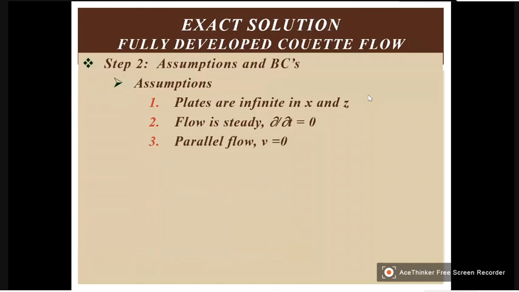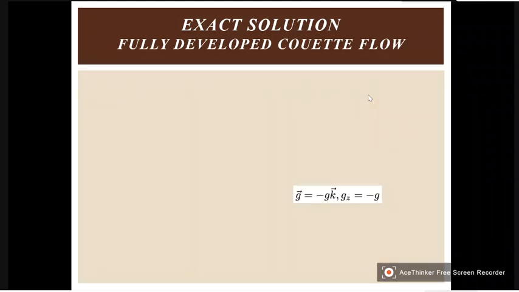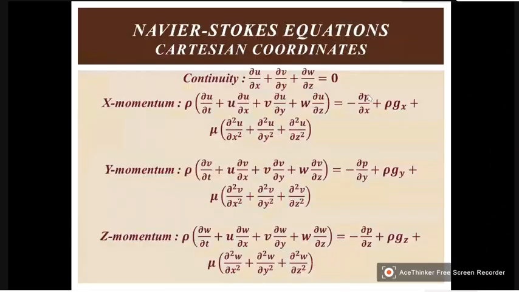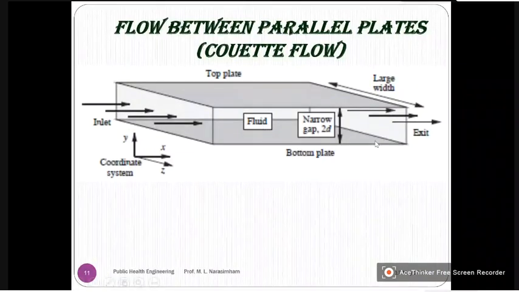So the flow is taking place between the plates in the parallel direction. That means what? This is the flow direction. So that means there is no velocity in this direction. So flow is taking place only in the direction of the arrow shown.